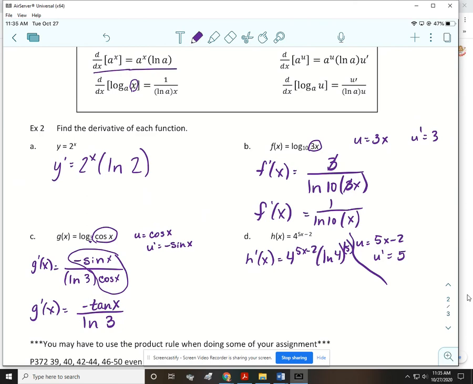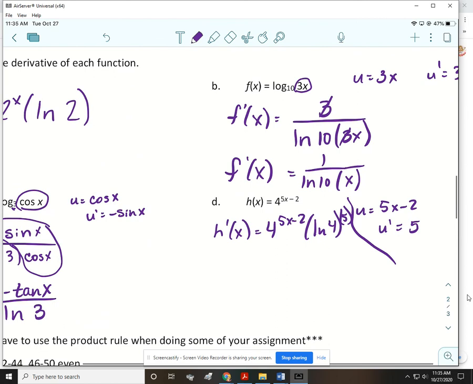All right, I wrote that like it was a power, so let me rewrite it because it's just multiplied by 5. So 4 raised to the 5x minus 2, and then we'll just do this 5 natural log of 4.